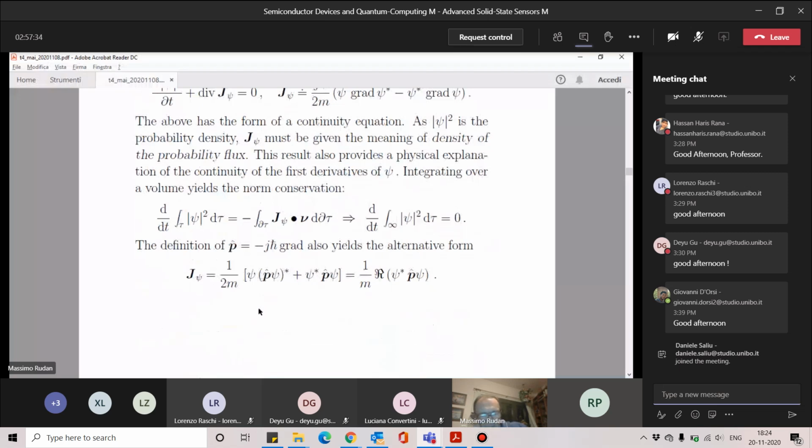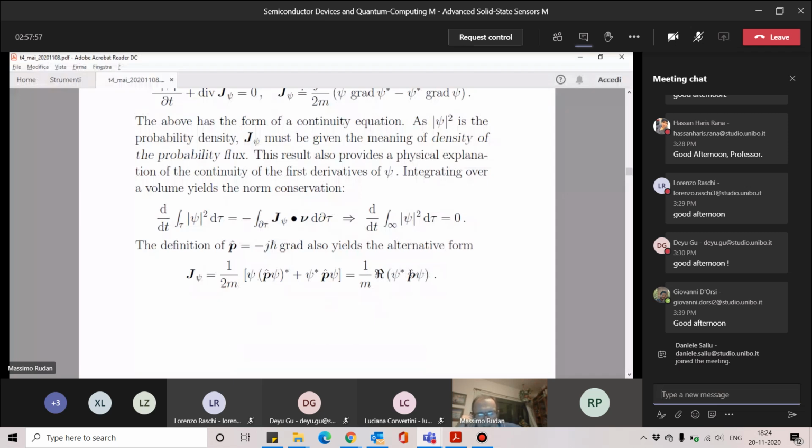So the quantity in parentheses is 2 times the real part of one of them. If we write it as such, the 2 cancels, and we have 1 over m, the real part of psi star p psi, okay?